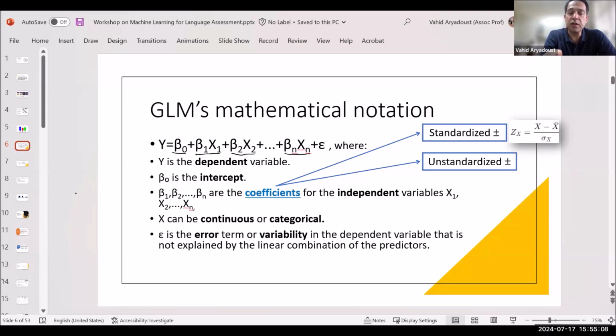So this means that you can incorporate different types of independent variables in your regression model. But here's a catch. The larger the number of your variables, the larger data set you need.